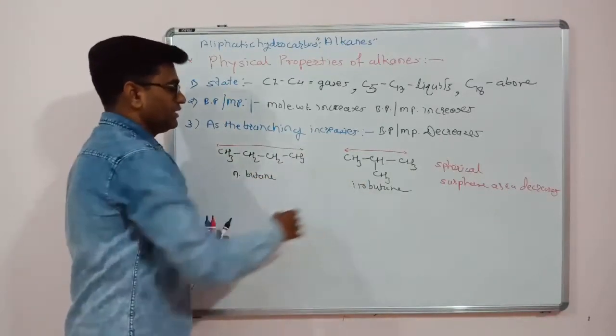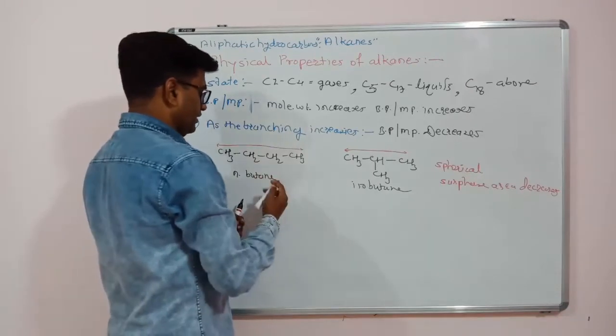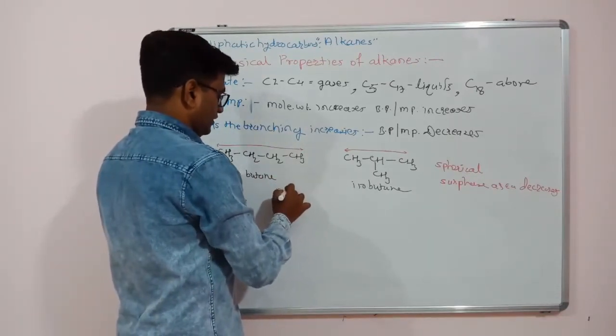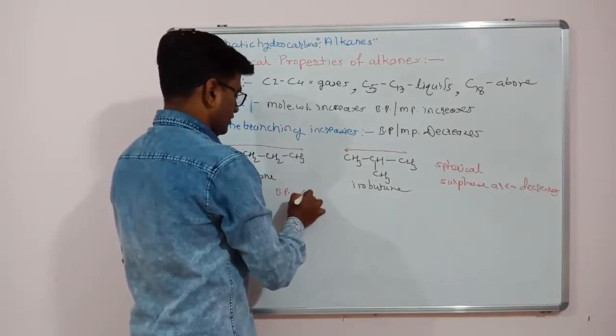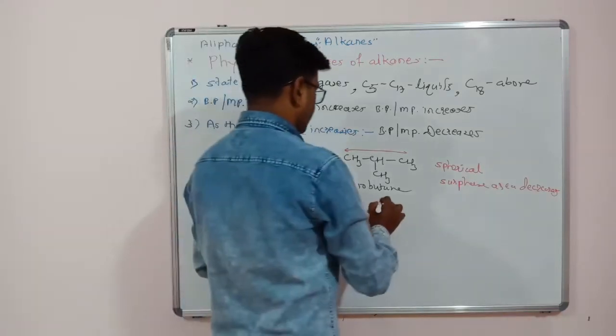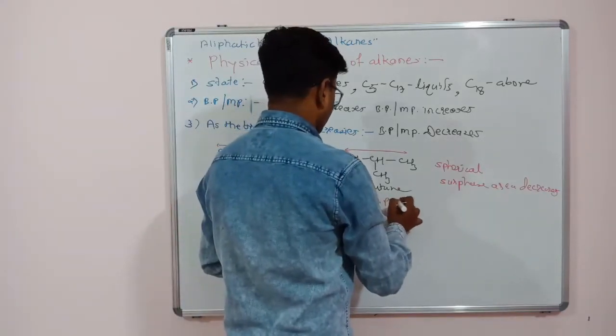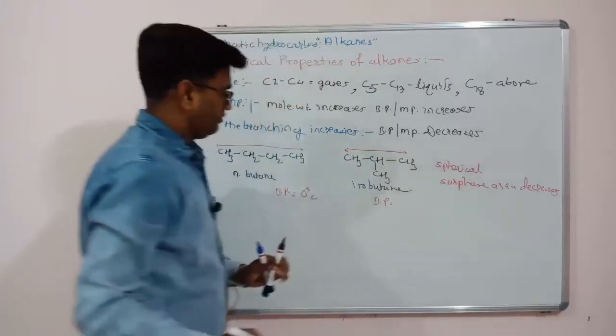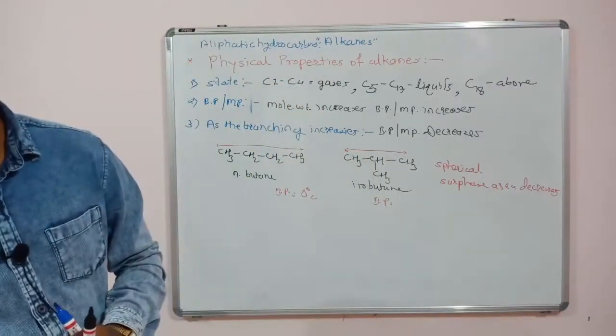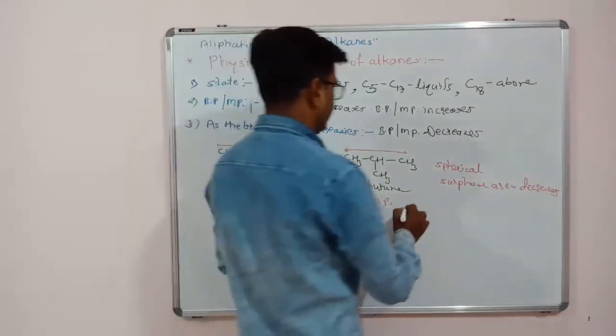Particularly for this molecule and this molecule, the boiling point is 0 degrees Celsius and the boiling point of isobutane is minus 12 degrees Celsius.